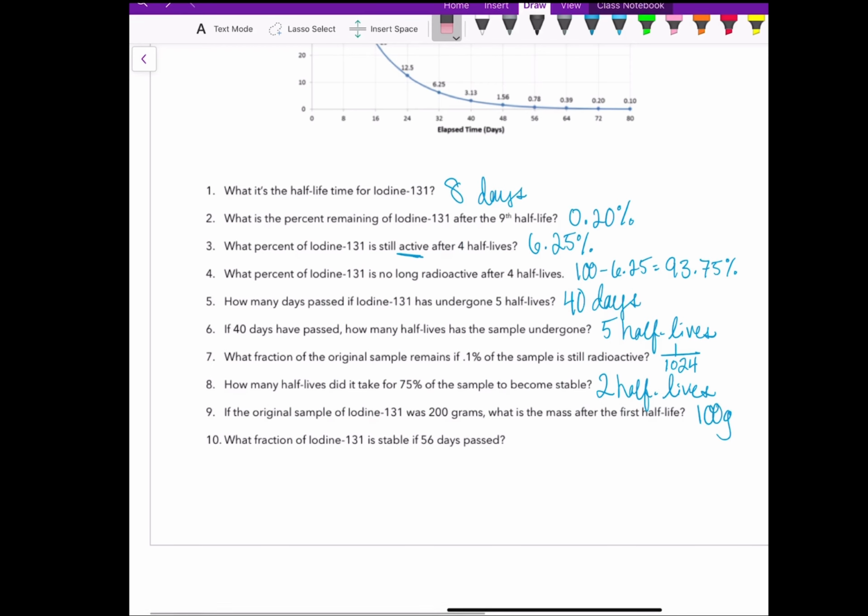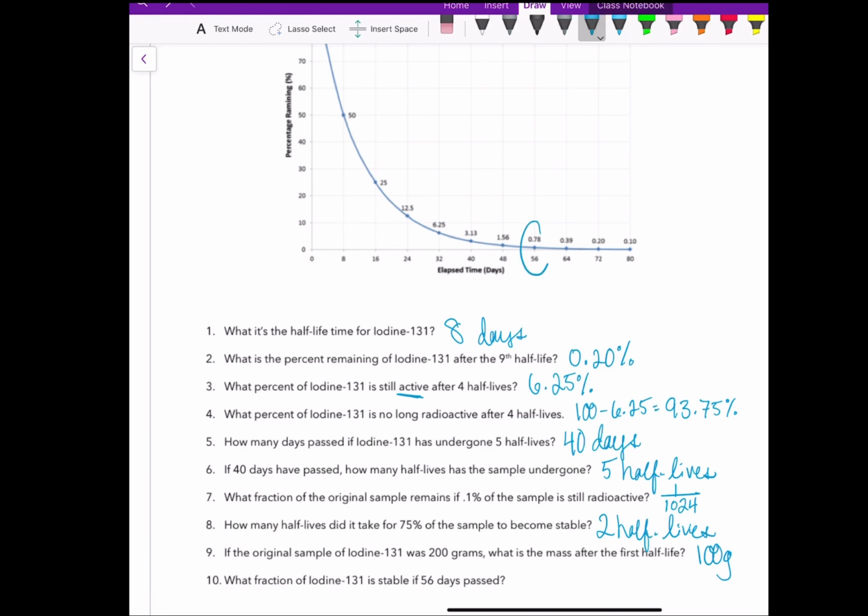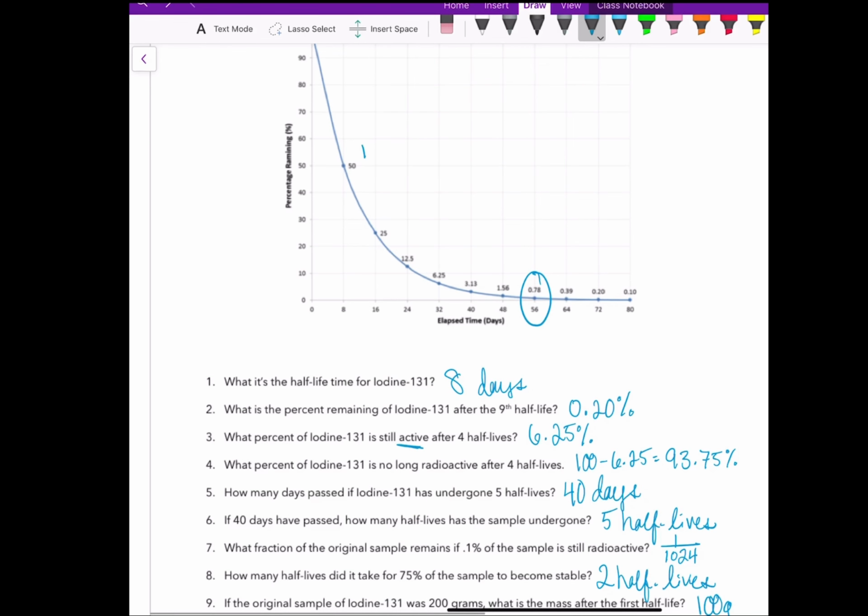And the last question, what fraction of iodine-131 is stable, keyword stable, at 56 days past? So let's find 56 days. So at this point in time, we know there's 1, 2, 3, 4, 5, 6, 7 half-lives that have occurred.